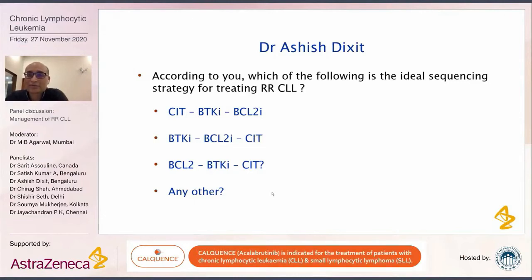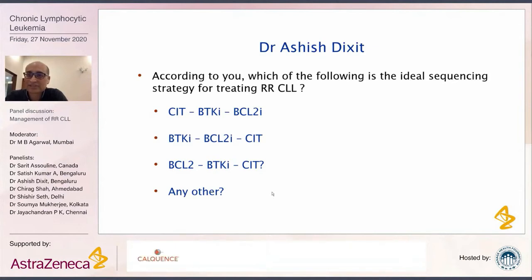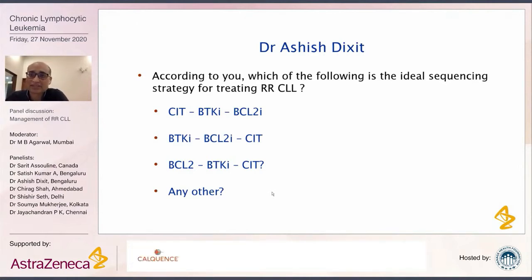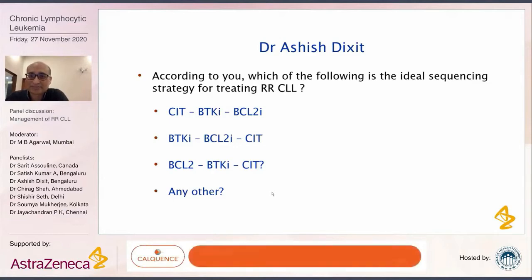So the combinations will depend on what was used earlier, what it is resistant to, the fitness of the patient, the wishes of the patient in terms of being on medications all the time, and the comorbidities. If there are cardiovascular toxicities already existing, then possibly a BTK inhibitor will be tough to administer. But if there's a renal toxicity, then a BTK inhibitor will automatically become the first choice.